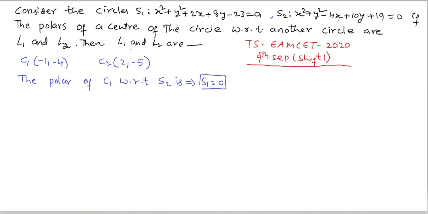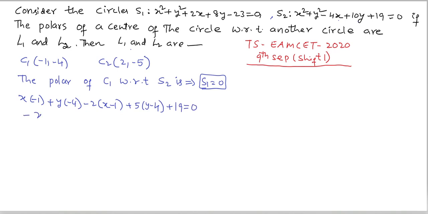This is the polar equation. That is x into minus 1 plus y into minus 4 minus 2 into (x minus 1) plus 5 into (y minus 4) plus 19 is equal to 0.